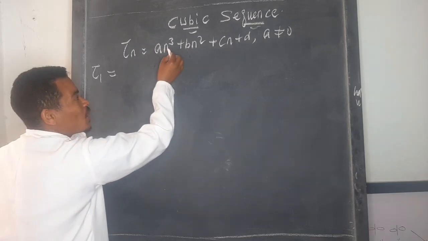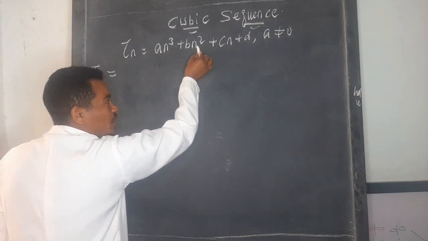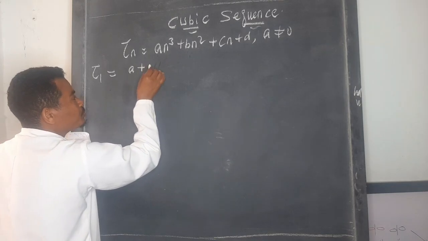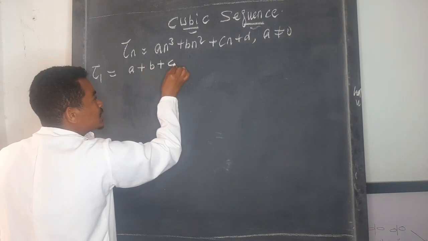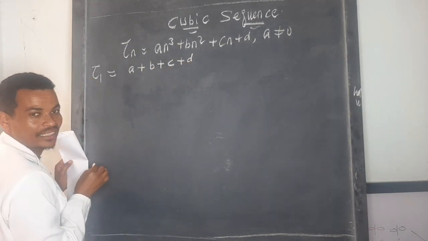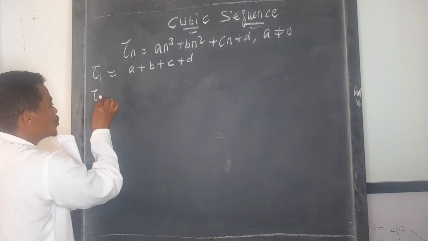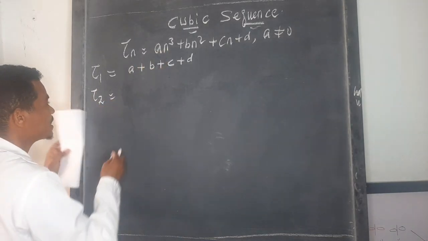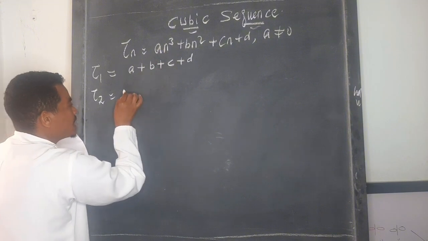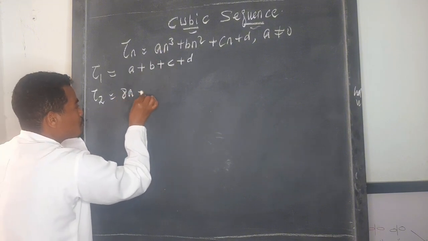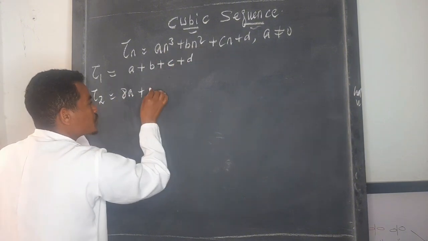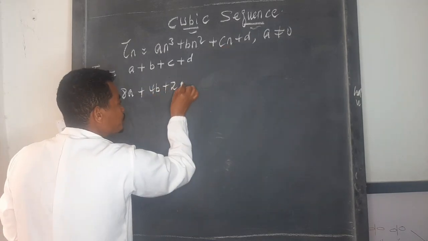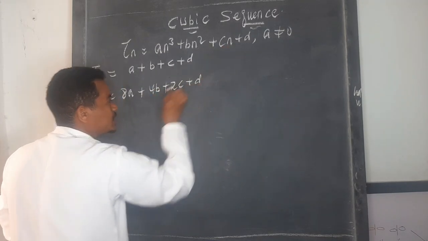Since 1 cubed is 1 and 1 squared is 1, t1 is a plus b plus c plus d. T2 means the second term of this cubic sequence. 2 cubed is 8, that is 8a, plus 2 squared is 4, that is 4b, plus 2c plus d.